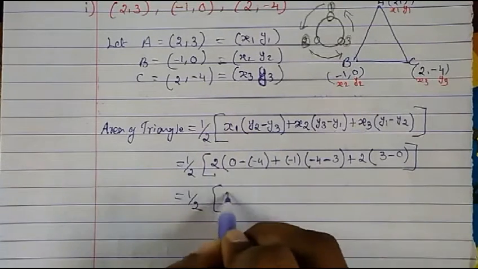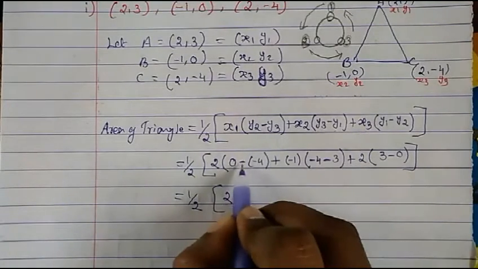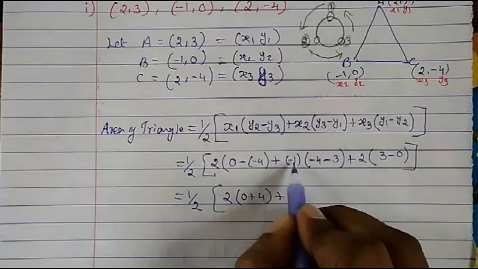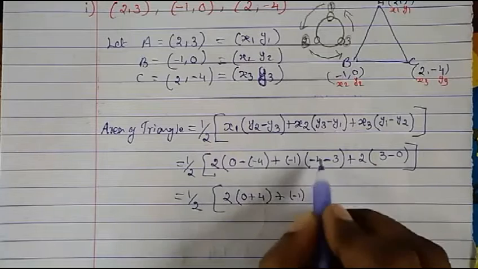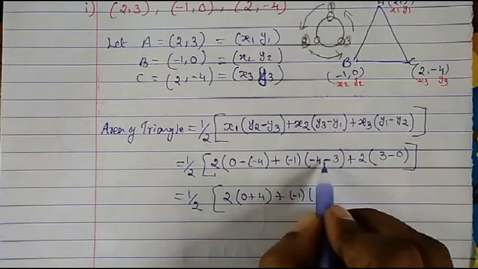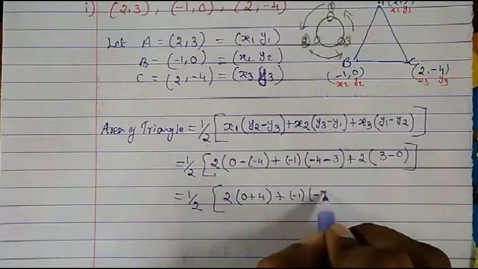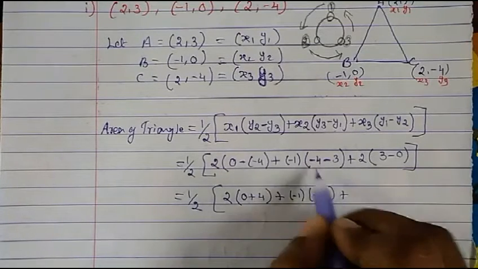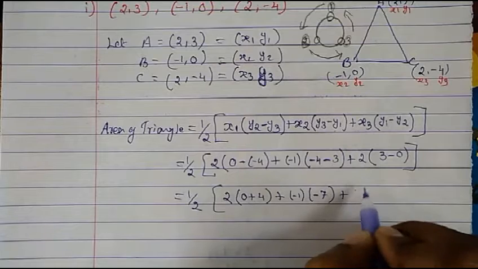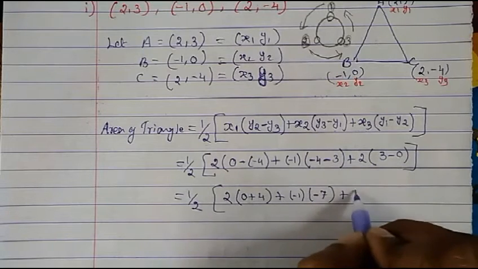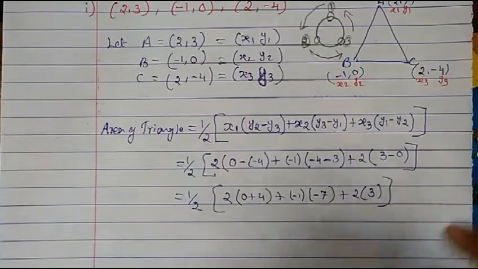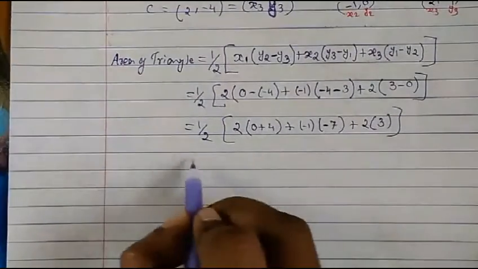So put the values. Now just simplify this. 2 inside the bracket, 0 minus into minus will become plus 4, plus minus 1 inside the bracket, minus 4 minus 3 will give us minus 7. When both the signs are same, the sign will remain, but we have to add. Then 3 minus 0 will give us 3.